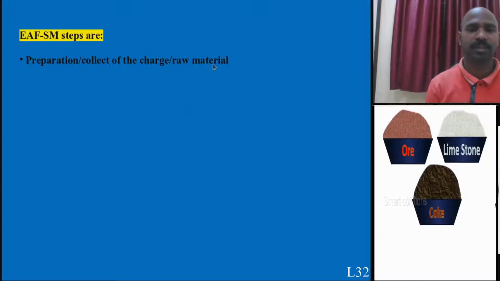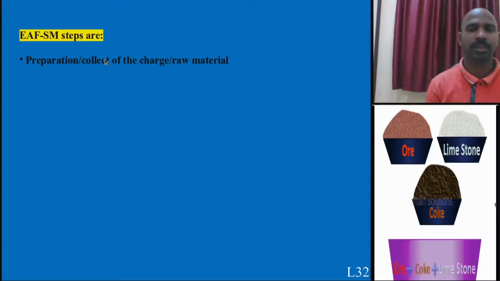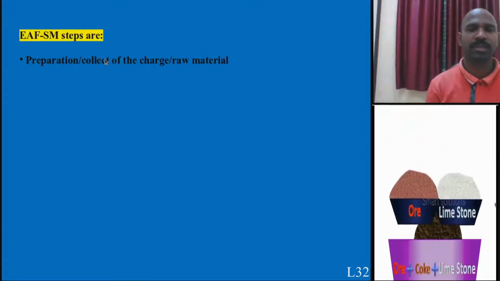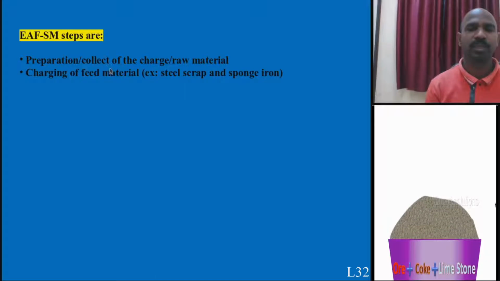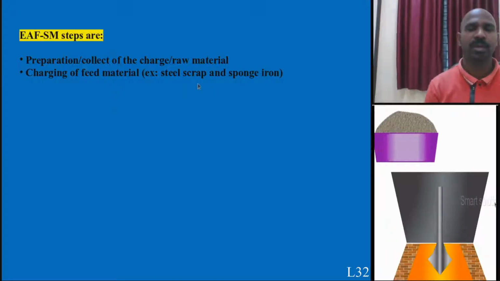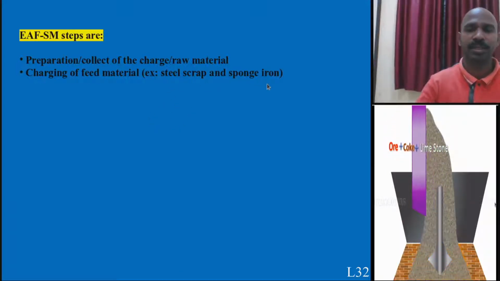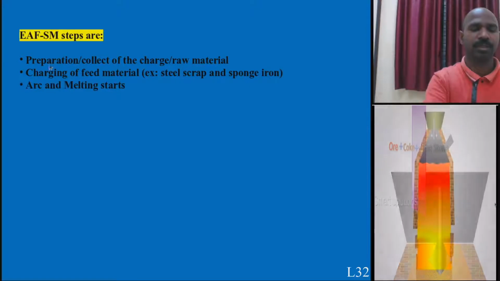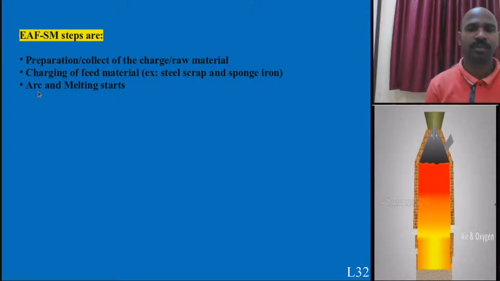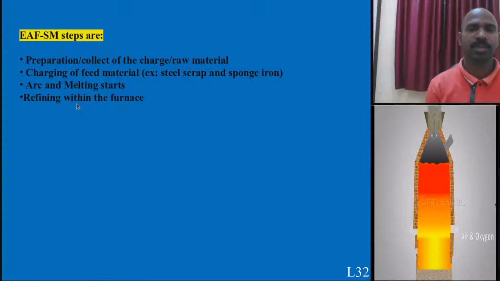All of these first need to be collected based on the capacity of the electric arc furnace. Then the charge material, such as steel scrap and sponge iron, is fed into the electric arc furnace, the arc starts in the AC or DC based furnace, and melting starts.